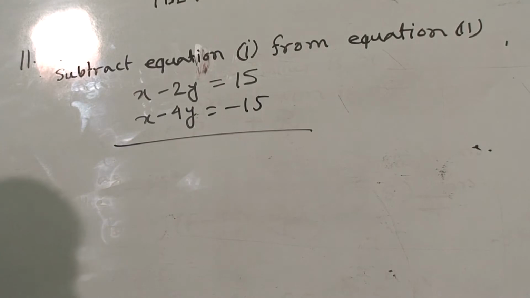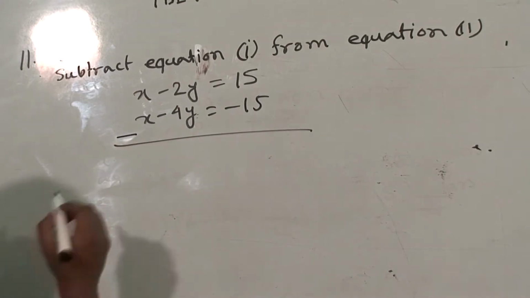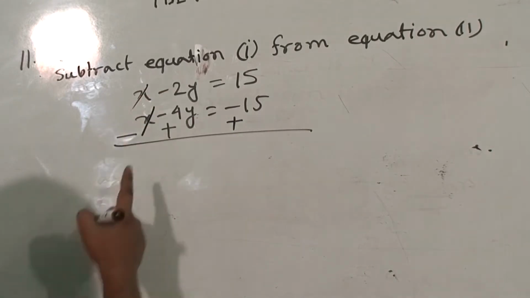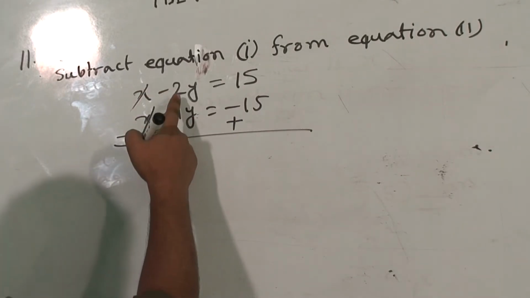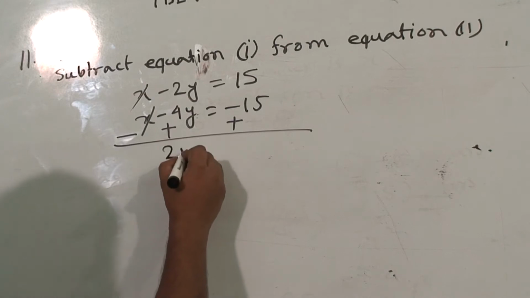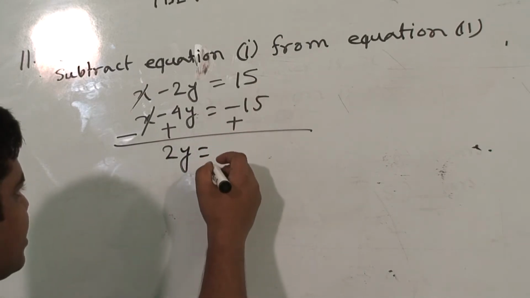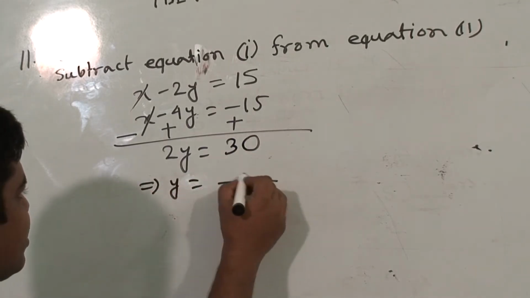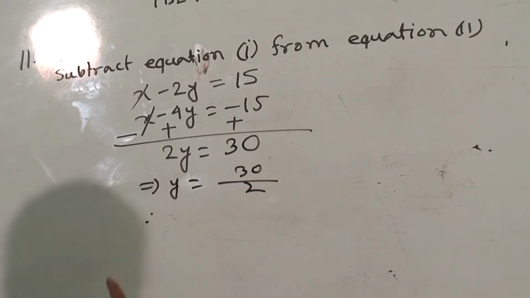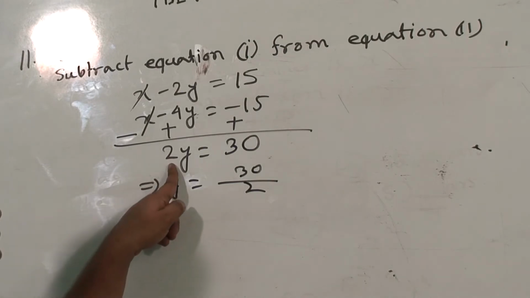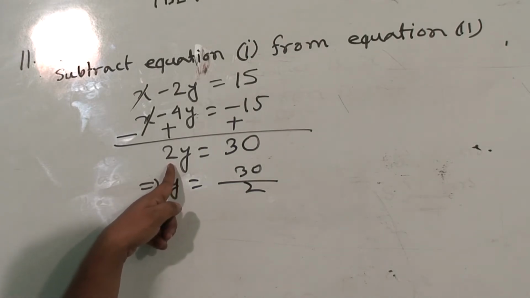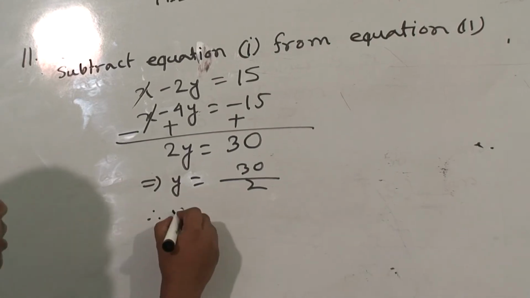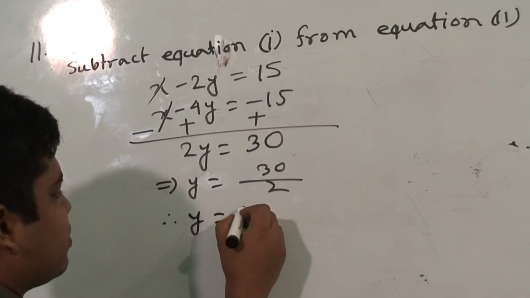As it is subtraction, the signs will be changed, that means plus plus. This one x signs cut, and if we subtract twice y from 4y, then we get twice y, and if we add these two numbers, then we get 30. After that y equal to 30 divided by 2, because it is in multiplication, if it transfers its position, then it will be division. That means y equal to, if we divide 30 by 2, then we get 15.